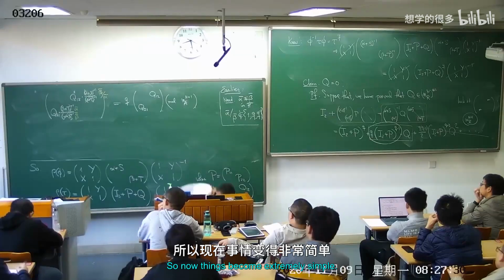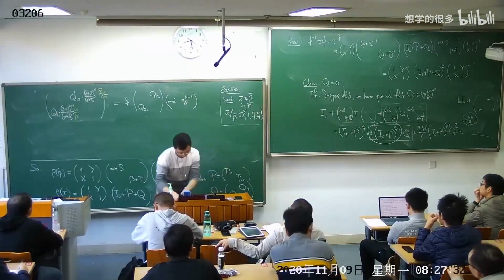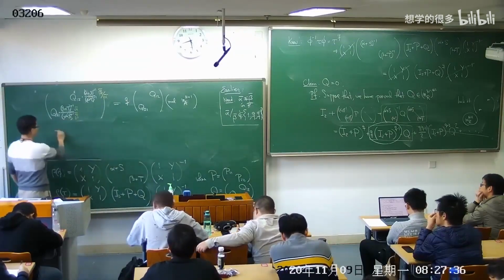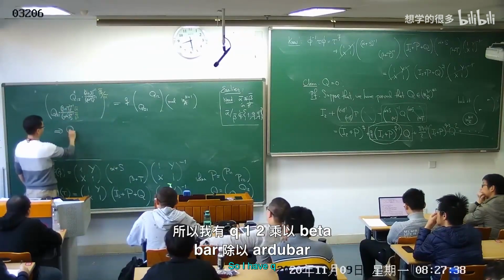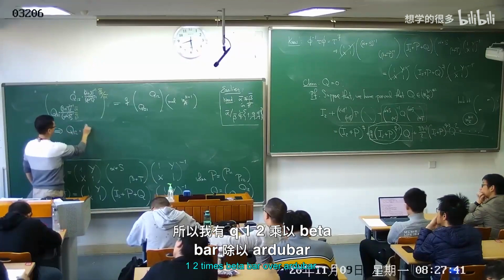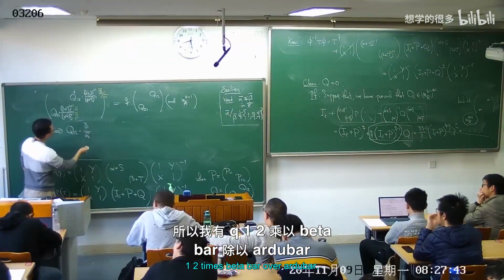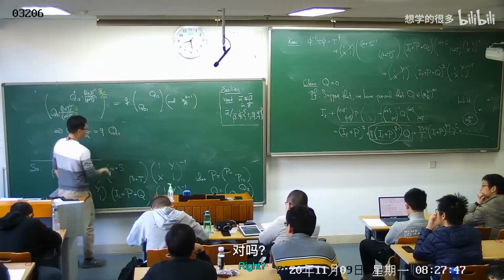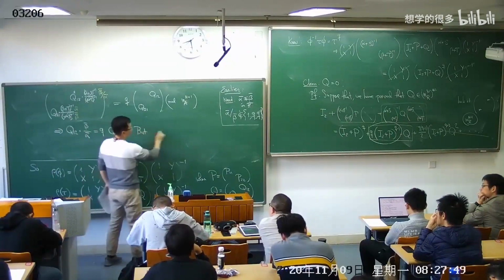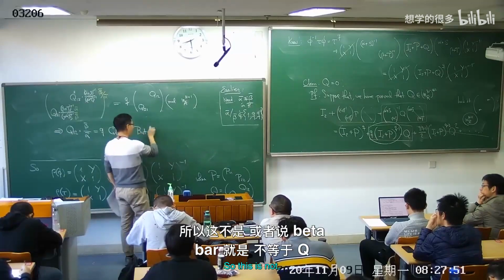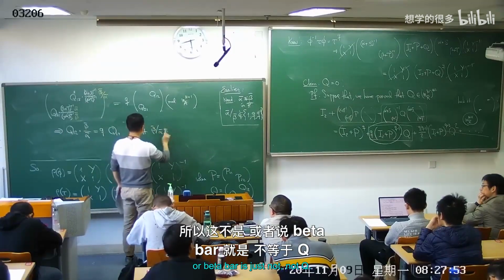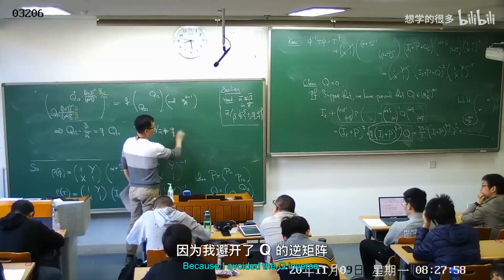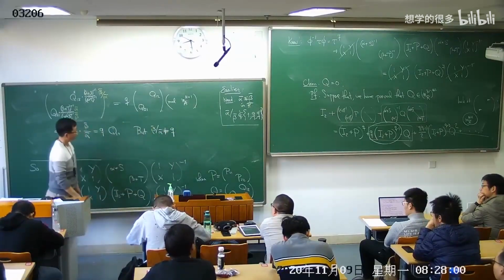So now things become extremely simple. Now what do I see? Let's do one of the equalities. I have Q12 times beta bar over alpha bar. That's equal to Q times this, right? But luckily I didn't erase that. Beta bar is just not Q, because I avoided the Q inverse.